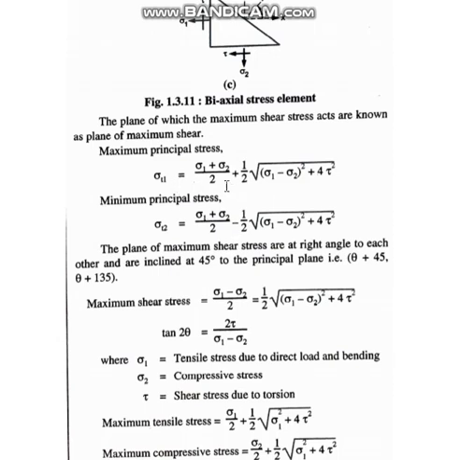Sigma T1 is equal to sigma 1 plus sigma 2 by 2 plus half of square root of sigma 1 minus sigma 2 squared plus 4 tau squared. The second term is the same, only here minus has come. For maximum shear stress we do not use the first term, only half of square root of sigma 1 minus sigma 2 squared plus 4 tau squared. To find theta, the formula is tan 2 theta equals 2 tau upon sigma 1 minus sigma 2.